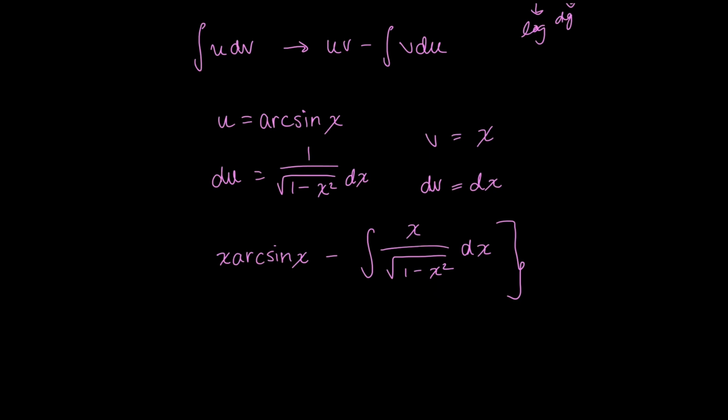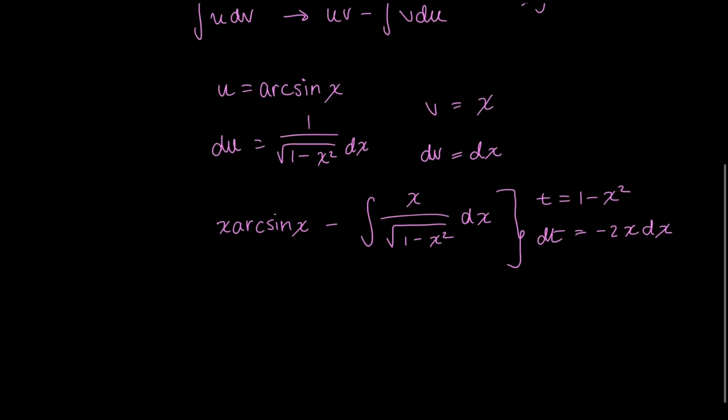I'm going to use a different variable because I already used u and I don't want to get confused. So I'm going to do a t substitution. t is equal to 1 minus x squared, and so dt is going to be equal to negative 2x dx. Now I want the dx side to look like what I have in my integral, so I will multiply by negative 1/2 on both sides to isolate that dt, so I have x dx on the right hand side.